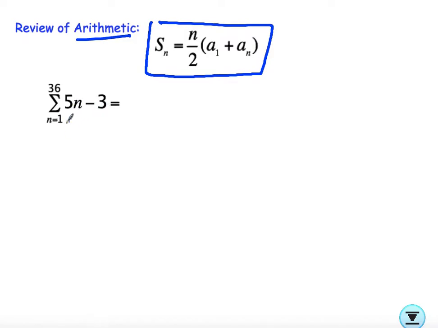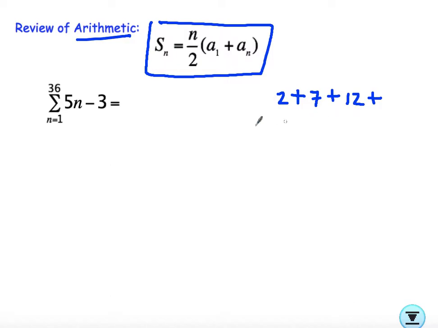So for example, if I plug a 1 in, my first term would be 5 times 1 minus 3. So my first term would be a 2. Actually, I'm going to use a plus sign because we would be adding because of the summation. Okay, so that's what I get when I plug a 1 in. Now if I plug a 2 in, 5 times 2 minus 3, I would get a 7. If I plug a 3 in, I'd have 15 minus 3, and I would get a 12, etc.